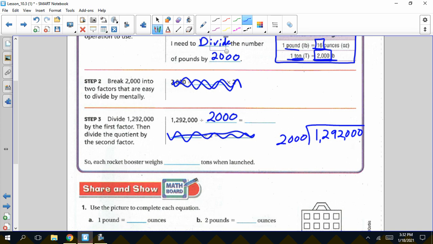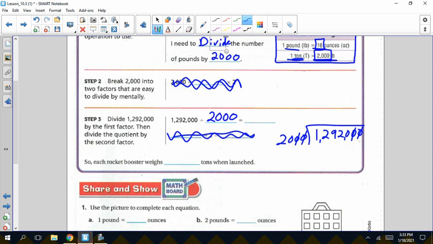One shortcut that you can use when you're dividing and you have zeros both in the dividend as well as at the end of the divisor, those zeros can cancel each other out. So 1 zero in the divisor can cancel a zero in the dividend. And you can do that for as many zeros as there are on the outside as well as the inside, but it must be 1 zero for 1 zero.